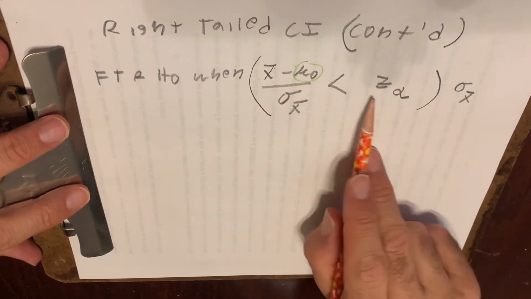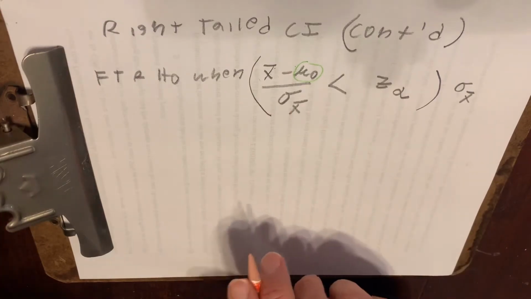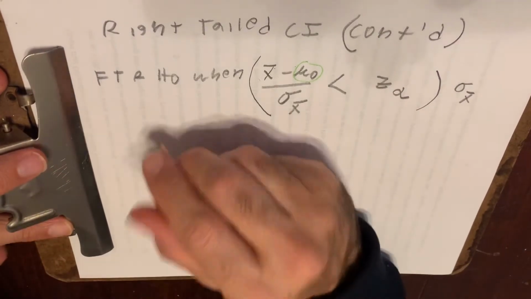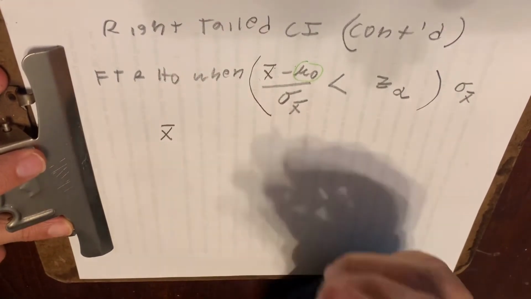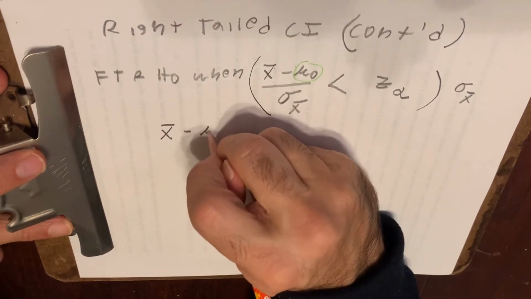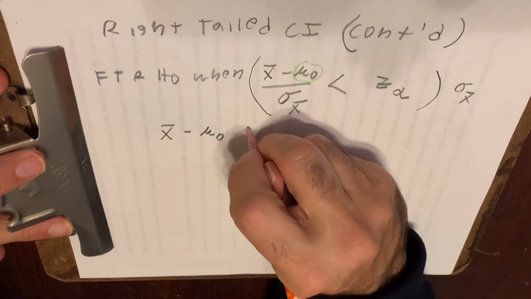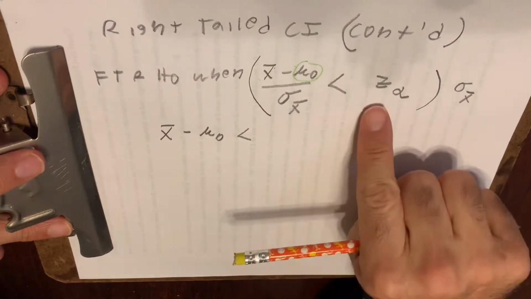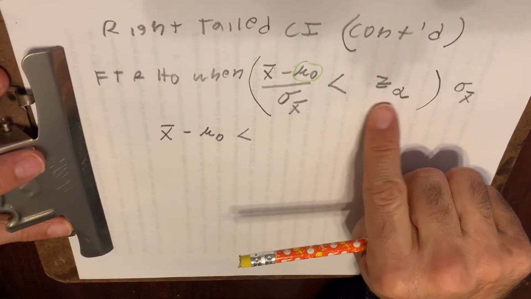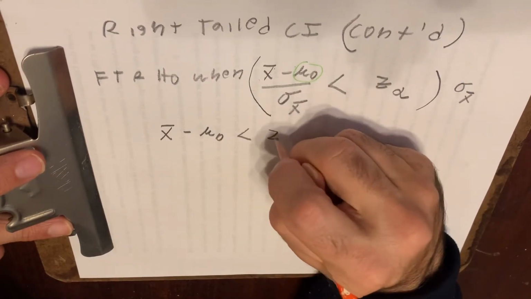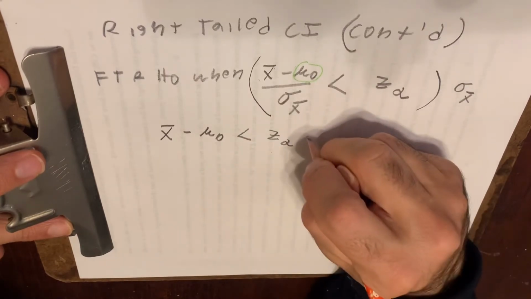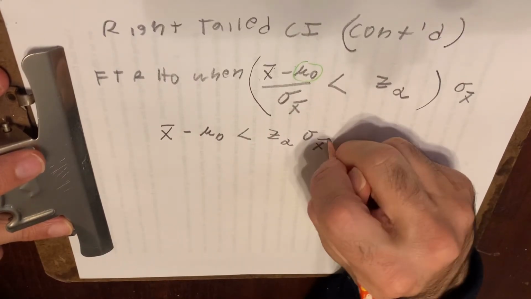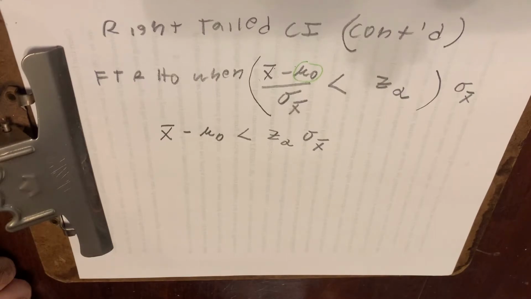And of course, what we do to one side, we have to do to the other. So what we have here is x bar minus mu naught is less than z sub alpha sigma sub x bar.